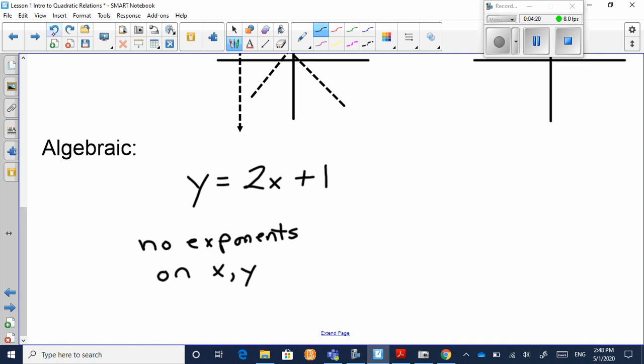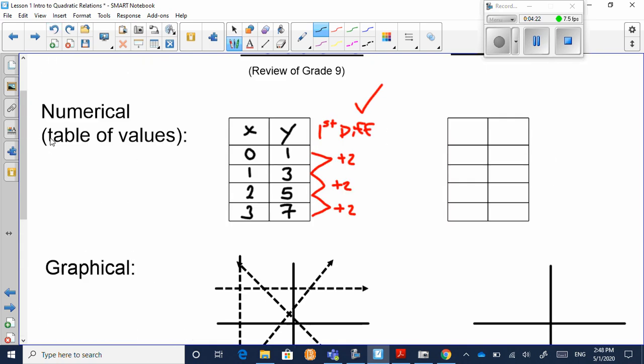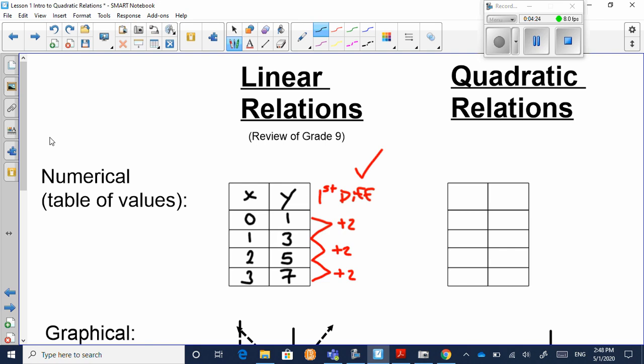There's no exponents. Well, last year we didn't really care about the other ones, but for instance, if we had a table of values like this, where x was 0, 1, 2, 3, and instead, for y, we had values like 0, 1, 4, and 9.